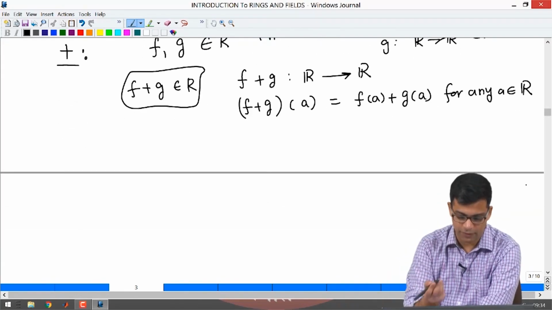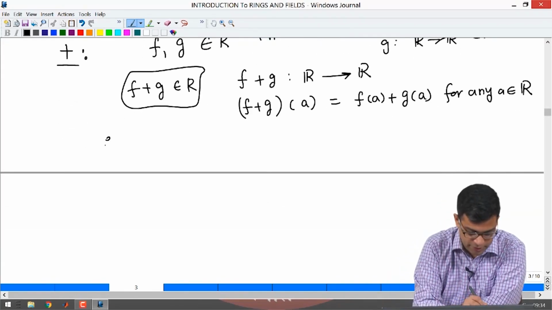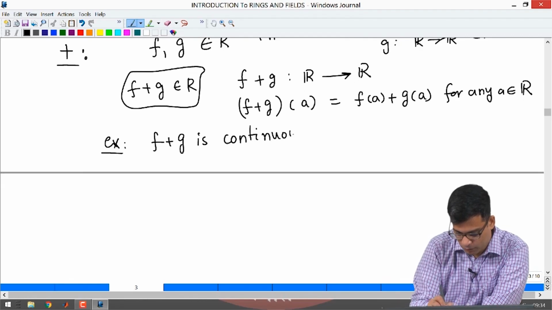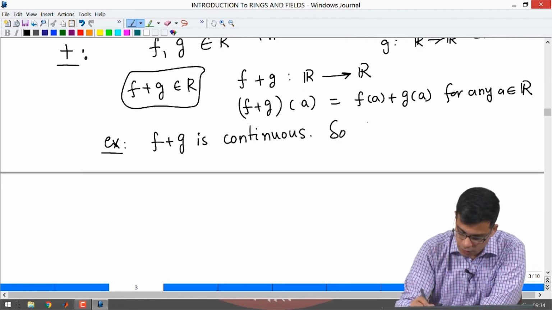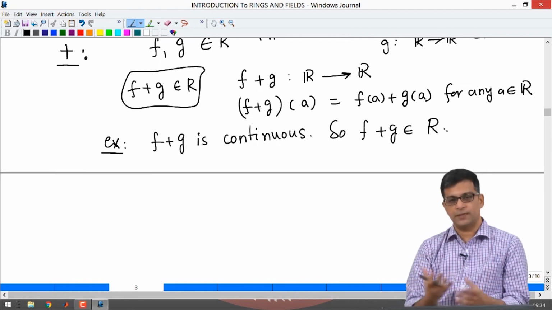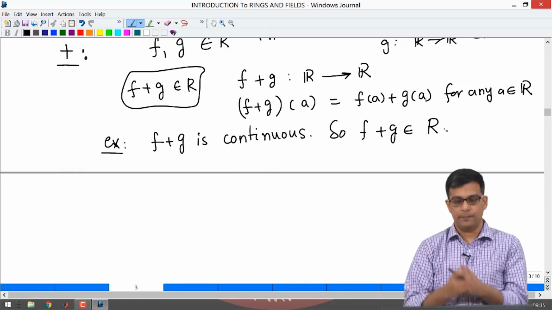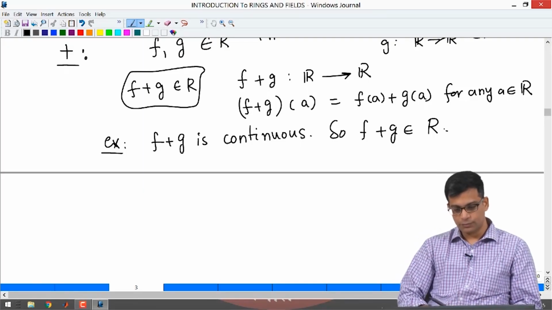This is definitely a function, and it is an exercise in analysis to show that f plus g is actually continuous. So, f plus g is in R. This tells me that there is addition on R. You give me two continuous functions, I add them to get another continuous function.